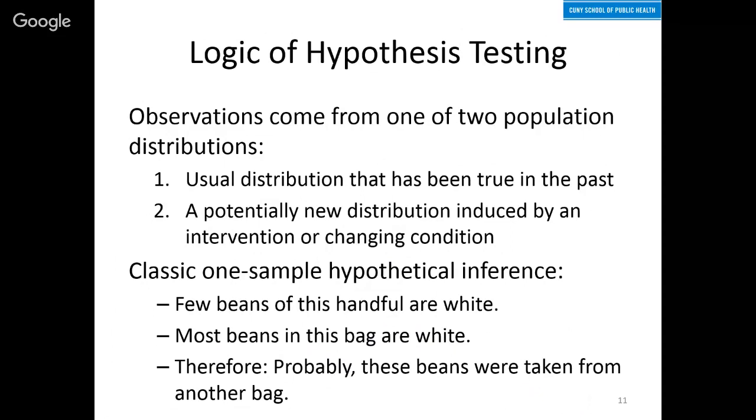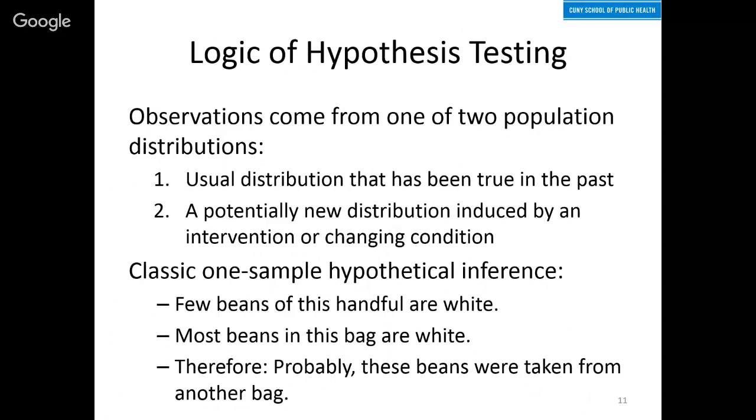Yes or no? So the logic of what we're doing is that we have a set of observations from a sample, okay? And this comes from one of two possible distributions of the population.